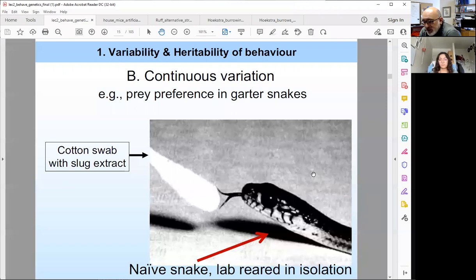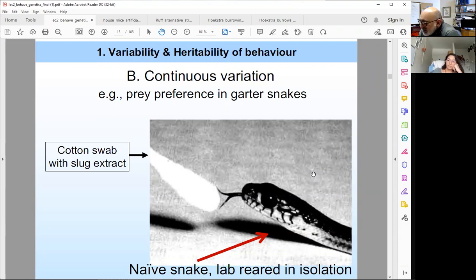So if you're looking at prey preference in these garter snakes, you would feed them something other than what you're trying to test, right? So that they can be naive. They're live bearing. Thank you, Samantha.